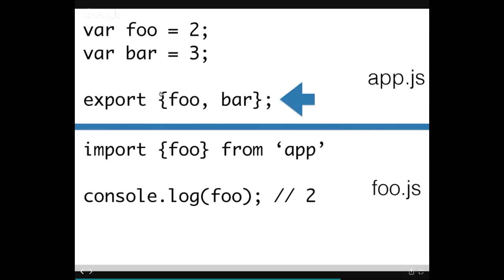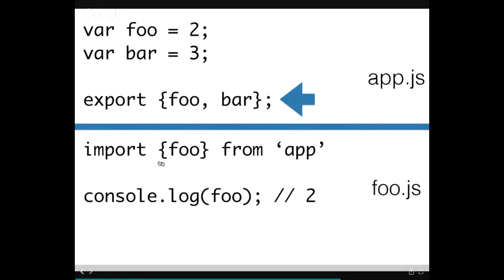Instead of module.exports, it's just export and then your object name. And you'll notice they're using that object shorthand that I referred to earlier, where they didn't say foo colon foo and bar colon bar. They just said foo and bar, and it automatically assigns them to the variables in that scope that match. And then you can import using that same sort of syntax.